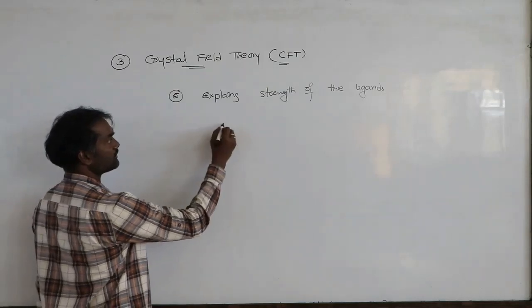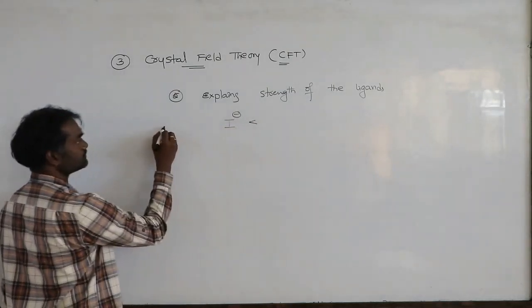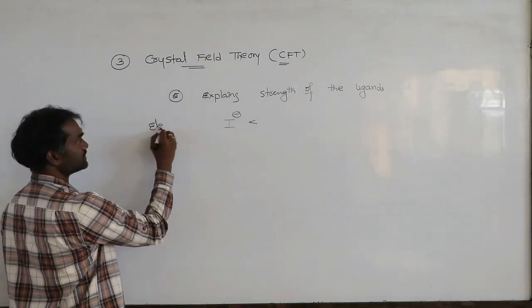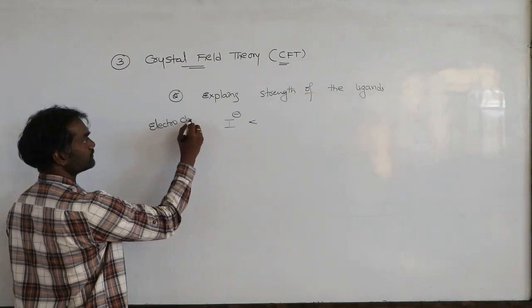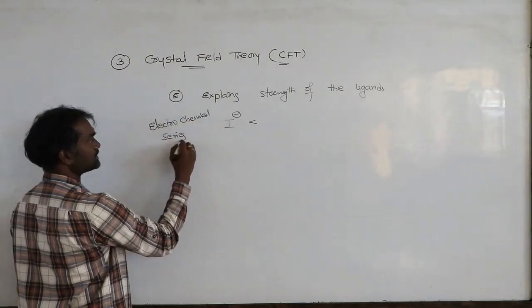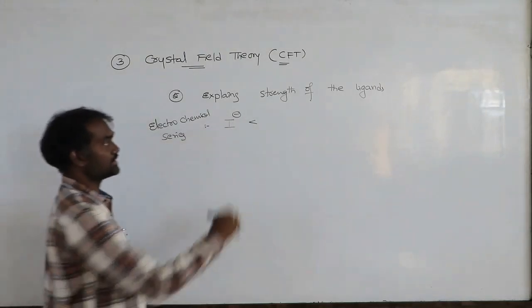That shortcut I will give. Iodine and so on. So the electrochemical series is given, and it explains the strength of the ligands.